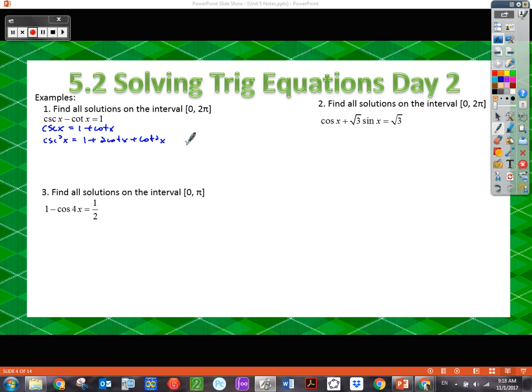Alright, so my decision is, do I turn the cotangents into cosecants or the cosecants into cotangents? And since I have a single first power cotangent, I really want to turn the cosecant into the cotangent. Okay, so I'm going to use the Pythagorean identity on cosecant squared. And cosecant squared is 1 plus cotangent squared.